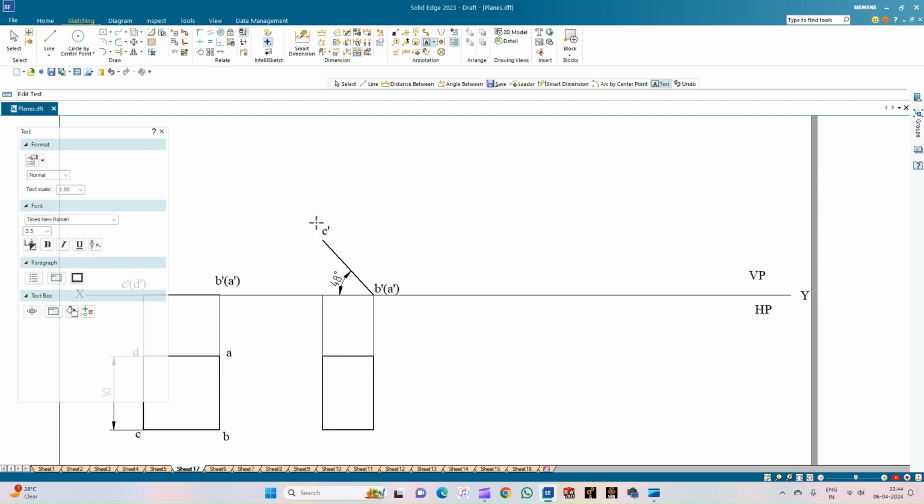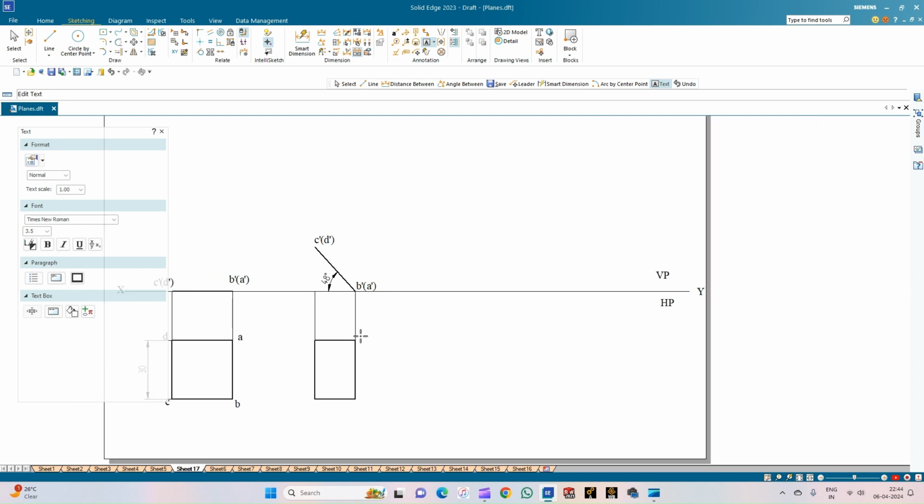So C dash, D dash is the second corner point. So now we will annotate the top view also as A, B, C, and D. So this completes the second position.